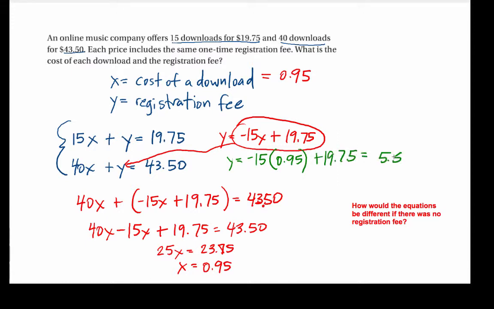And that's going to equal 5.5. So the registration fee is $5.50. The cost of a download is 95 cents. Okay? So it would be appropriate for me to write a sentence that says the cost of a download is 95 cents and the registration fee is $5.50.